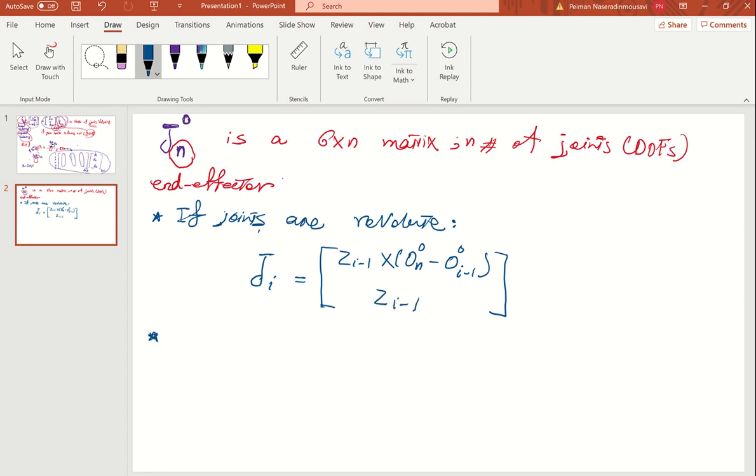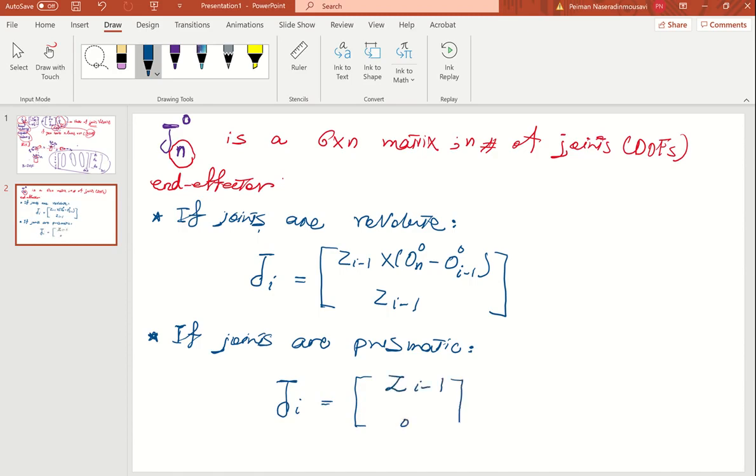Hold on, I want to give you some examples right now. If joints are prismatic, the Jacobian of that joint is calculated as Z i minus 1 and this.